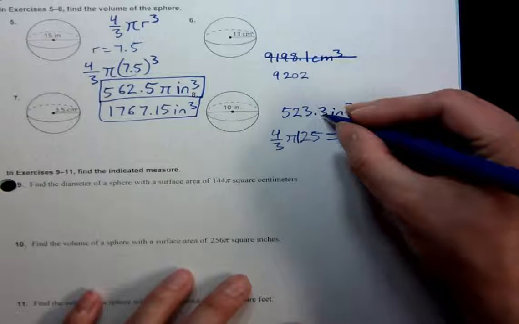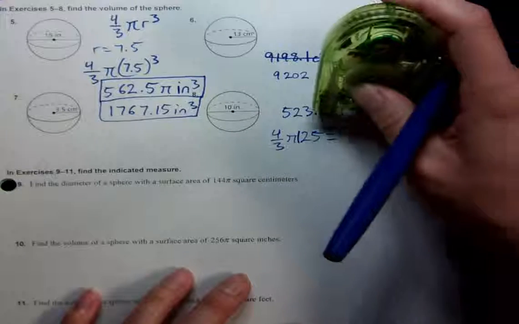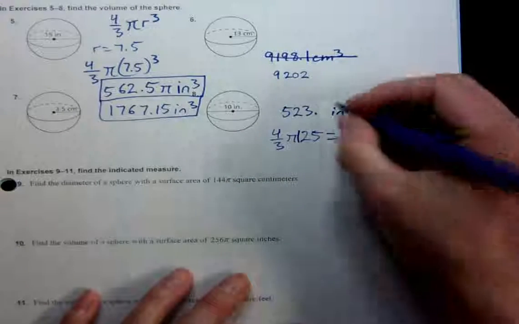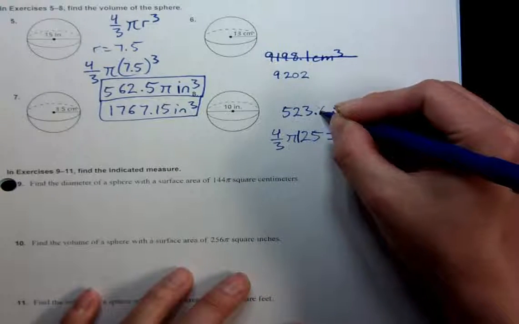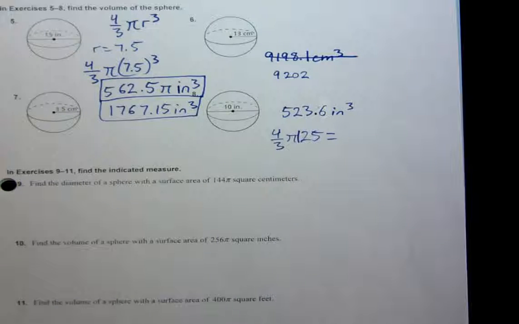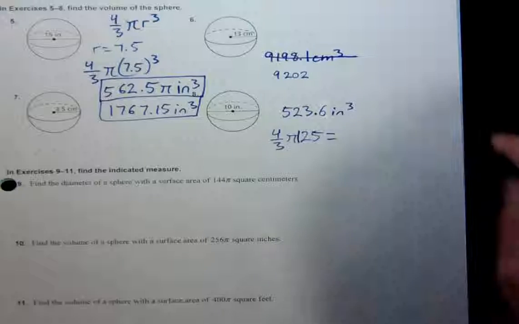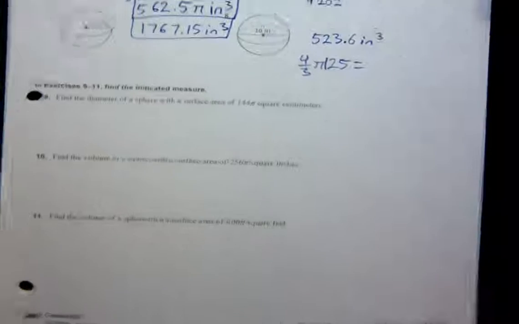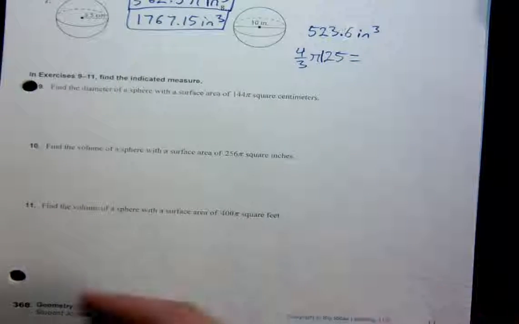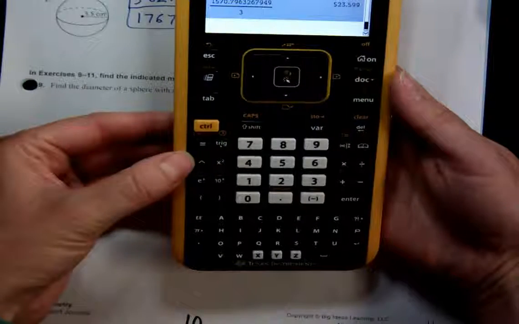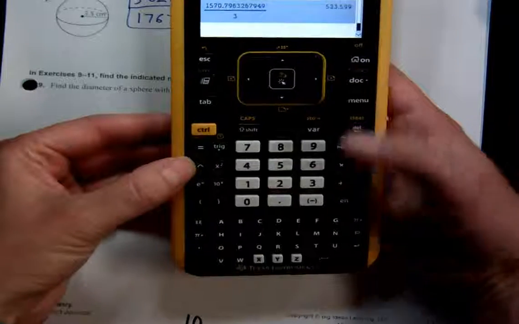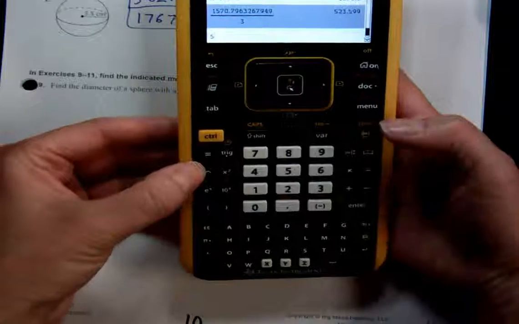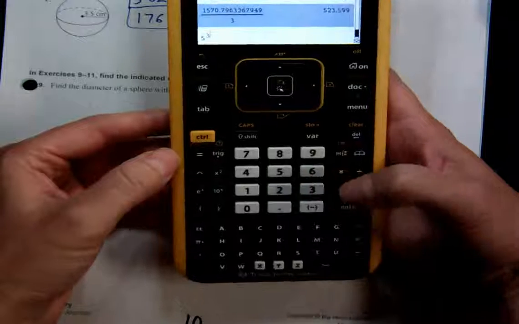Yeah. So 523.6 if you're doing it without any rounding. Are you making sure to cube? Because that's the biggest mistake on these, is making sure you do the exponent 3. So exponent 3, like I just showed you, is this one here. So if you do 5, push this button, and then 3.